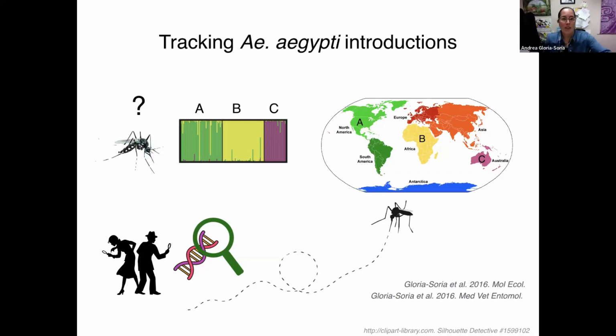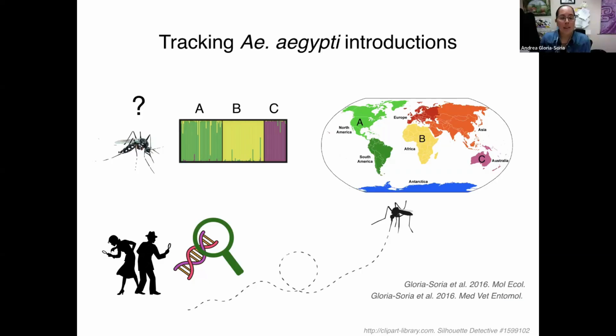So this slide is just kind of a cartoon where we have the regions A, B, and C with specific genetic signatures, and every signature will correspond to a place in the map on the right. And so if we find a mosquito, I don't know, in the Antarctica, which is not going to happen, but that has a green signature, then we could determine that it probably came from North America.